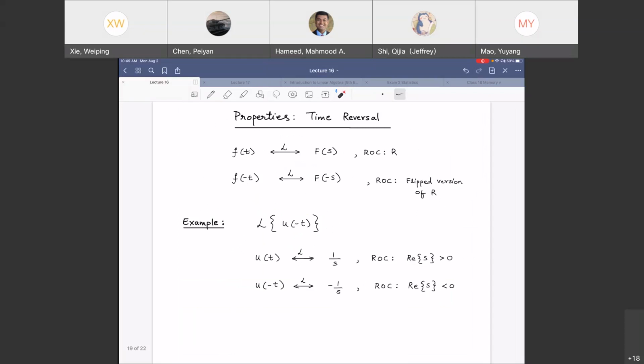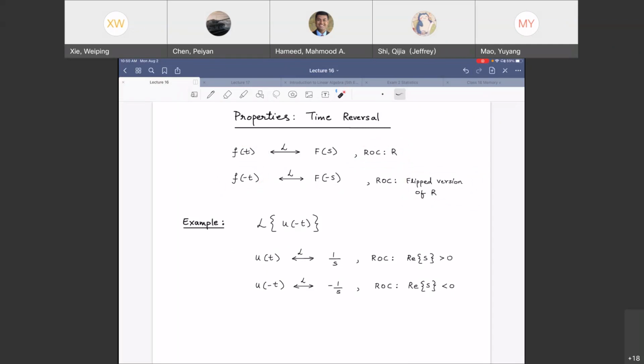Time reversal. What happens to the signal in the Laplace domain when you flip the signal in the time domain about the vertical axis? f of t and F of s are a Laplace transform pair, region of convergence R. When you go to f of minus t, you're flipping the signal about the vertical axis. You also flip the signal in the Laplace domain. And in the ROC, you get the flipped version of the original ROC.